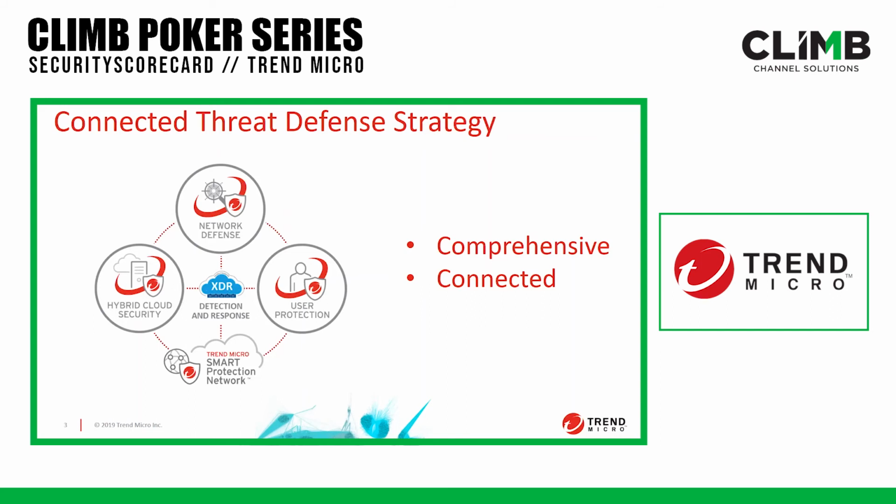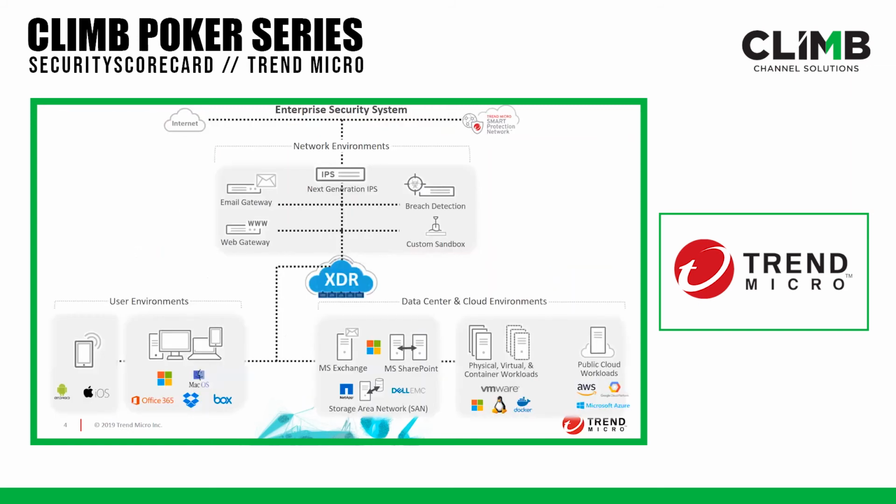Another key product within the set is XDR, which is the up-and-coming, new opportunity to secure a network. It's really like a data pool where you can use big data analytics as well as AI to root out very difficult security issues that your network is experiencing.